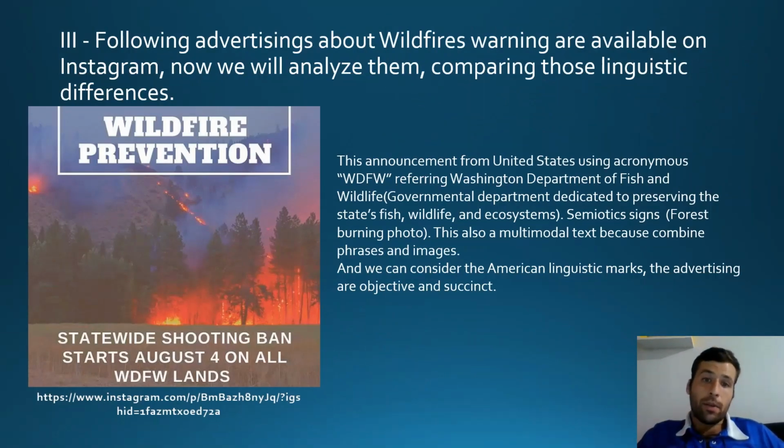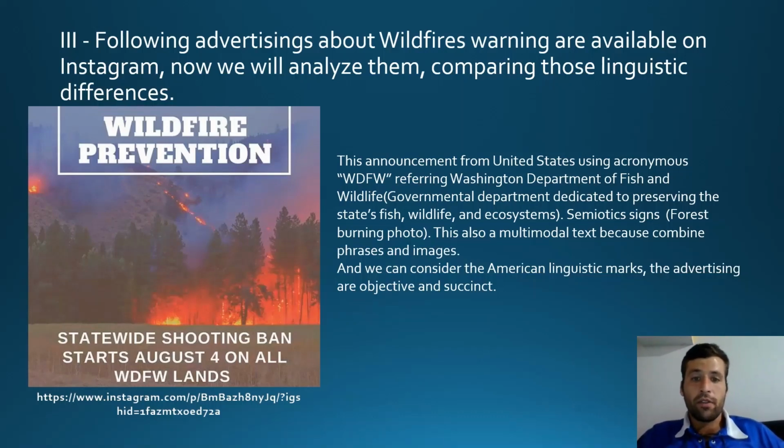Now we will talk about wildfires. It is a very serious trouble in the world, and we will see some advertising published on Instagram, and we will analyze and compare the differences between American, UK, Australian, and Canadian ones.